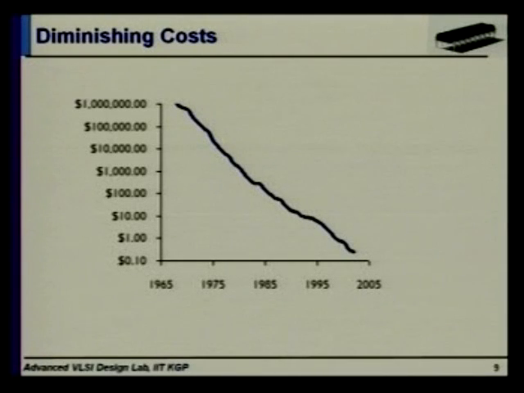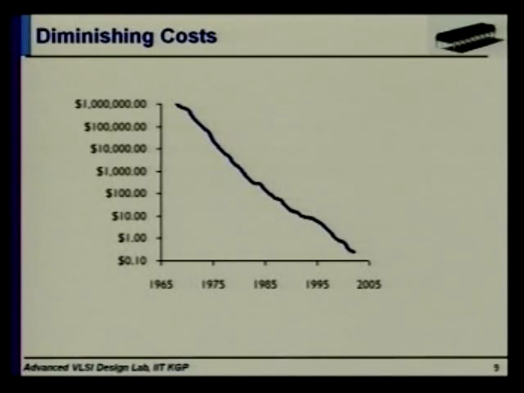This shows the way the cost is going down, the cost per transistor, okay? Starting from about $1 million in the late 1960s, in 1965, to about 10 cents in 2005.